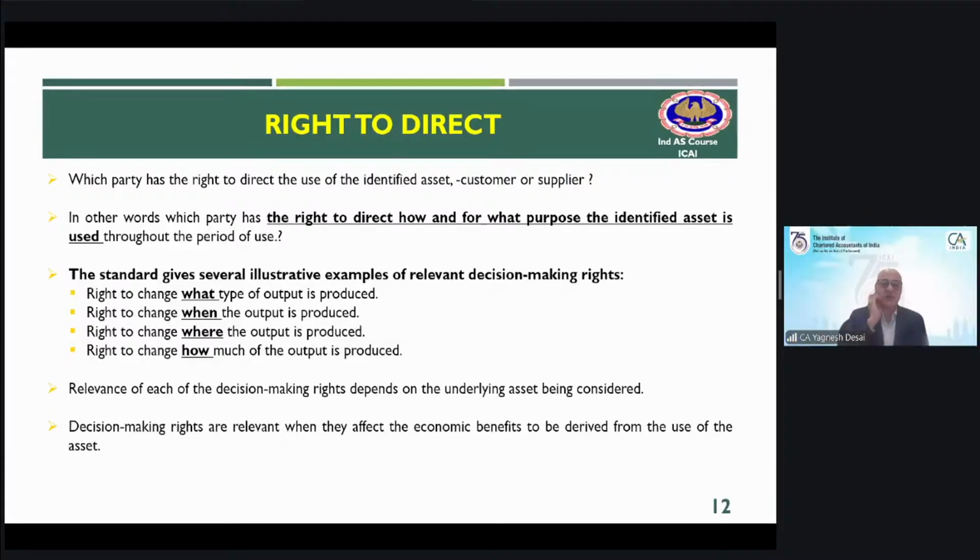Which company we should take the insurance policy from? Which garage he should send this to, or which agency he should give the contract to in case of repairs and maintenance? If there's a big default or a breakdown, which company should be given a contract? So these are almost irrelevant activities.